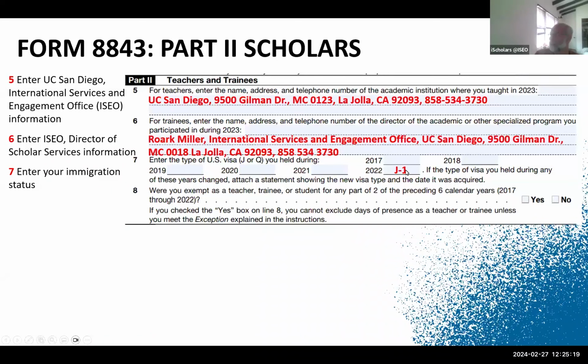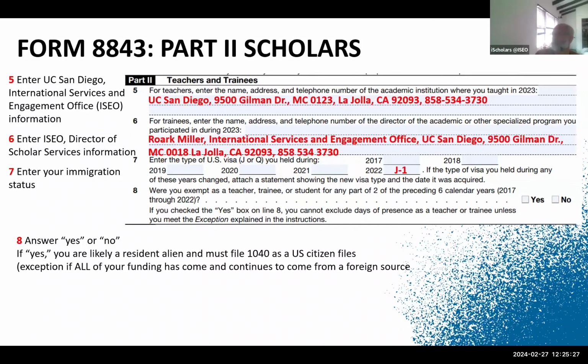In this particular situation, I would say no, because I was only exempt for calendar year 2022. So I'm going to hit no. If we have scholars here who were present in 2021 and 2022, that's going to be an indicator that, whoa, you're probably a resident alien.